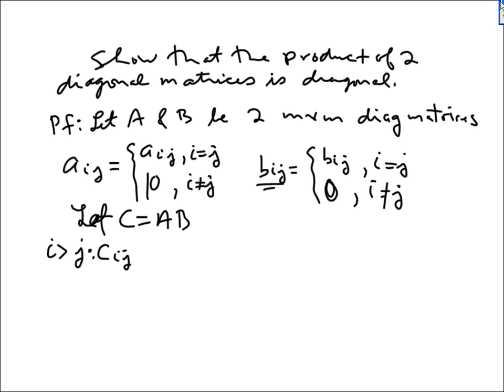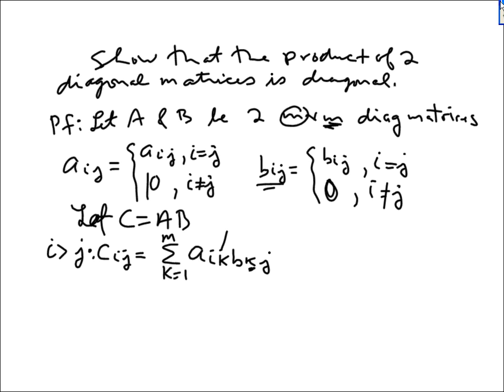Now Cij, by definition, is the summation of Aik Bkj, as k goes from 1 up to m, since matrix A has m columns and matrix B has m rows.